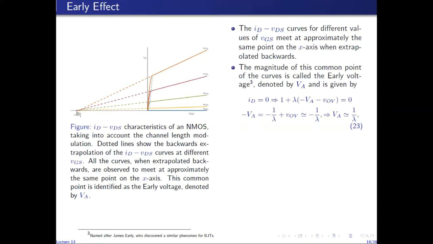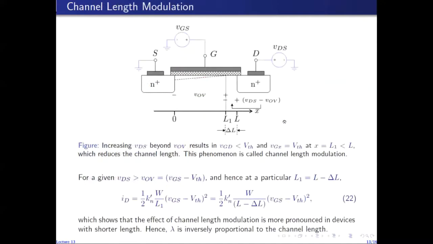So ID goes to 0 when VDS is equal to minus VA, because the magnitude of this voltage is VA, so this value is actually minus VA. When this term is put to 0, minus VA can be seen to be equal to this factor. Since VOV is different for different curves because it depends upon VGS, this point minus VA is different for different curves.